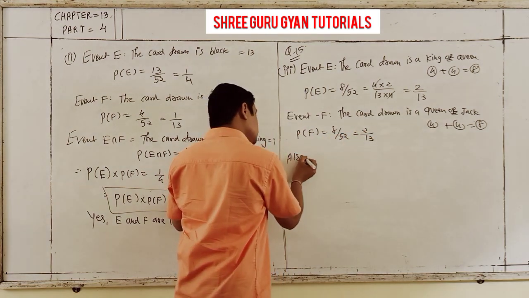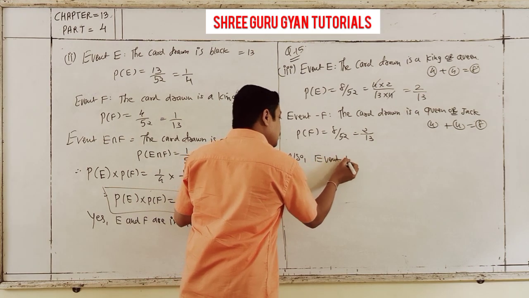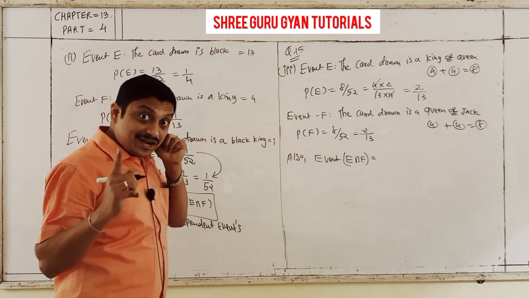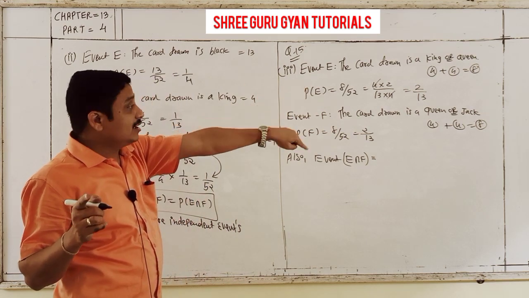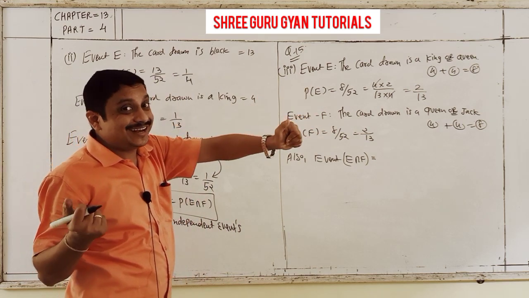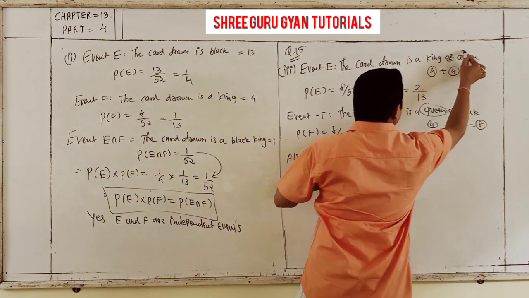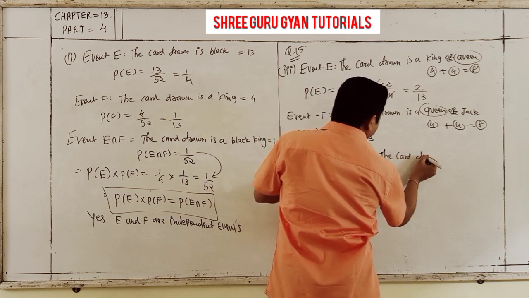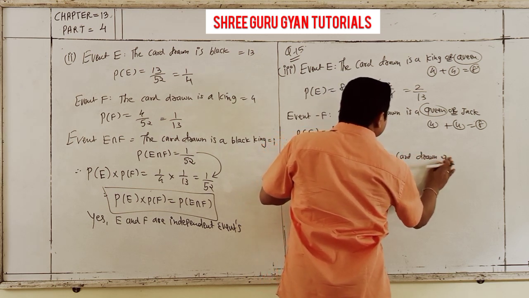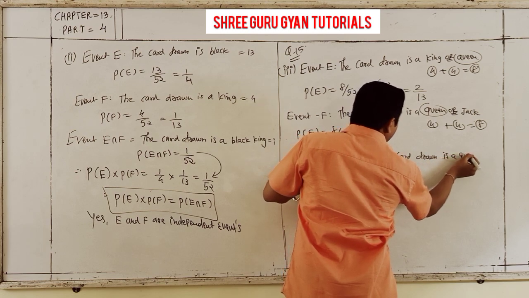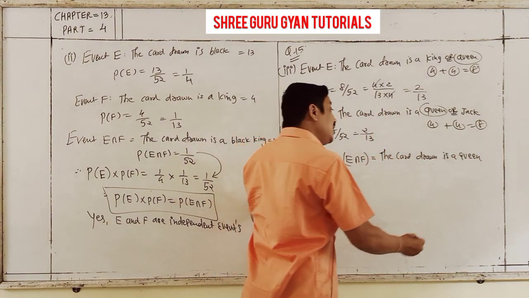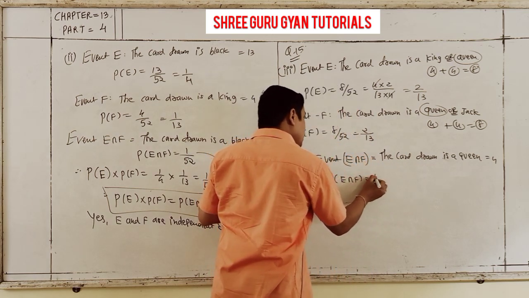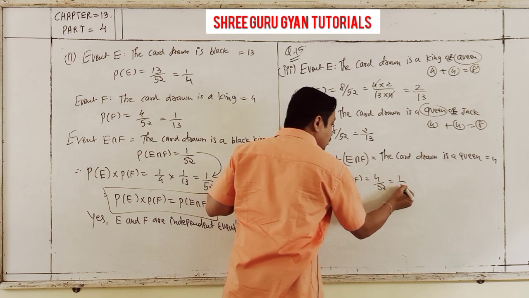Now also event E intersection F. E is king or queen, F is queen or jack, so only queen is common in both. So the card drawn is a queen, and queen is only and only 4. So probability of E intersection F will be 4 by 52, 1 by 13.